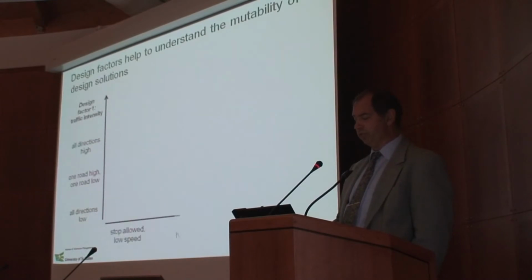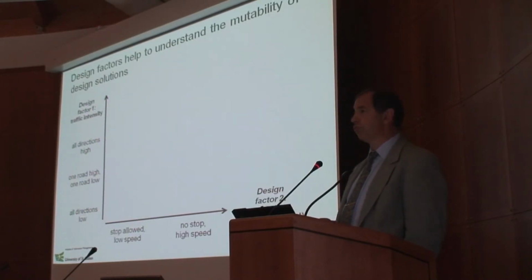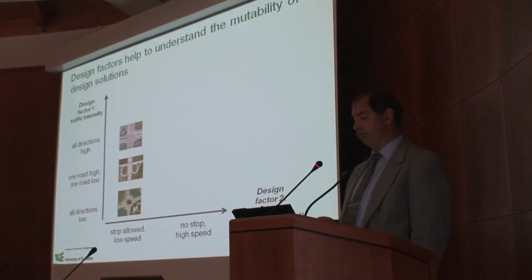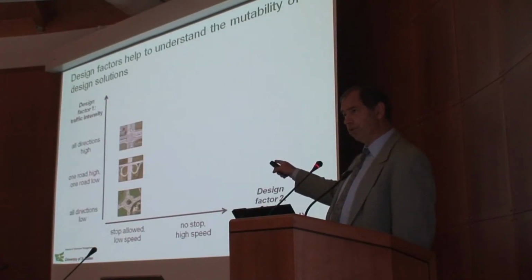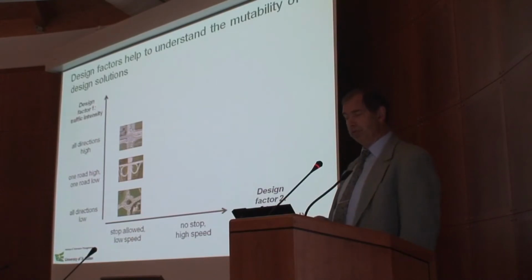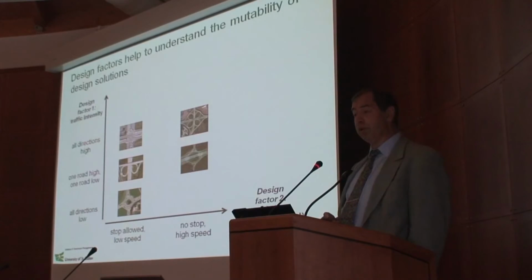We try to identify what we call design factors, and for roads that's quite clear. Traffic intensity is an important factor, and also the differences in road classes, for example. And if we have found certain design factors, we are able to classify solutions. So if stops are allowed, depending on the traffic intensity, different patterns can be observed. If stops are not allowed because we have high-speed traffic, we see different patterns.